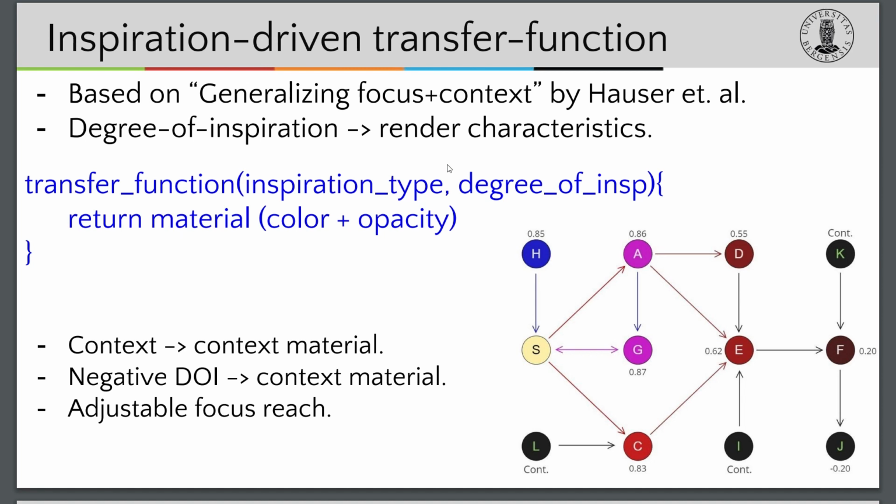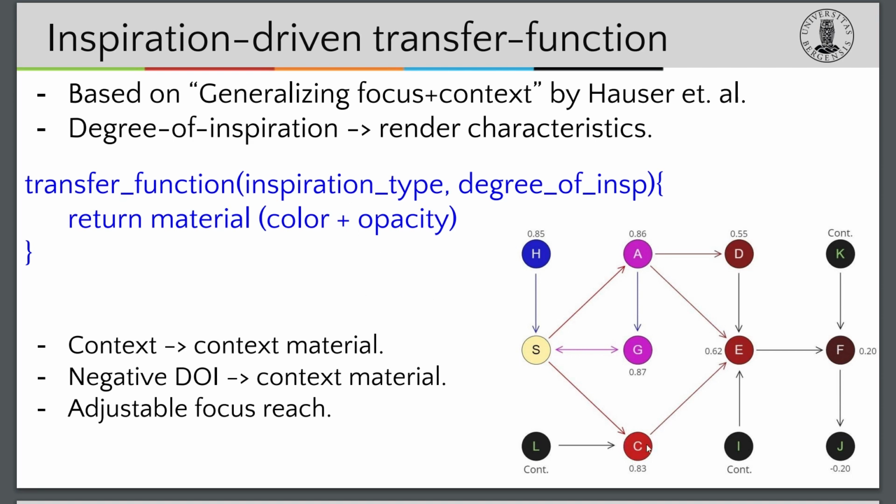So what you do is you make a transfer function that takes as argument the inspiration type and this degree of inspiration, and then you return some render characteristics from it. For instance, it can return a material consisting of some color and opacity.